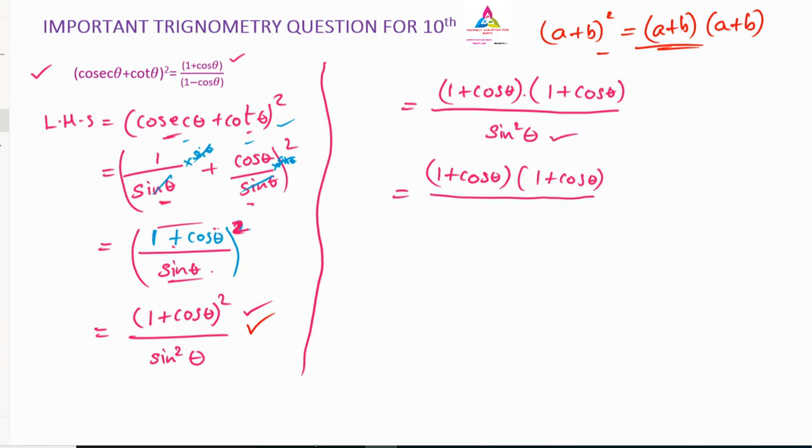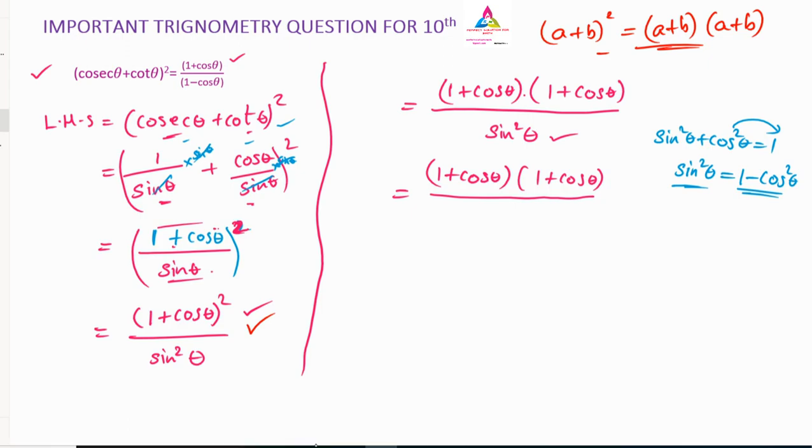Again coming back to this sine square theta, the identity we have is sine square theta plus cos square theta is equals to 1. We have kept the sine square theta here only, but we have shifted the cos square theta to the other side. It will turn into minus, so sine square theta is nothing but 1 minus cos square theta, that we can substitute in the denominator.